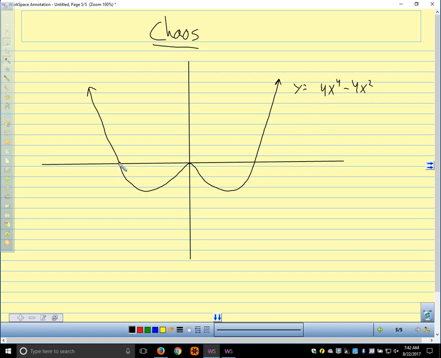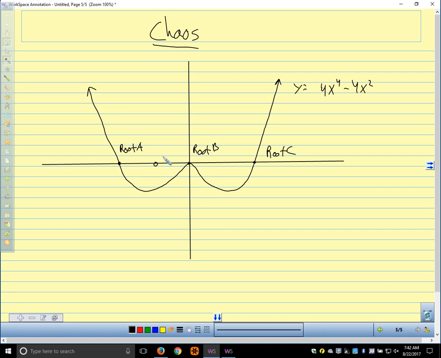And I'm going to call this root A. This root B. And this root C. And I'm going to put some points in here. And I know these are not going to be exactly labeled.